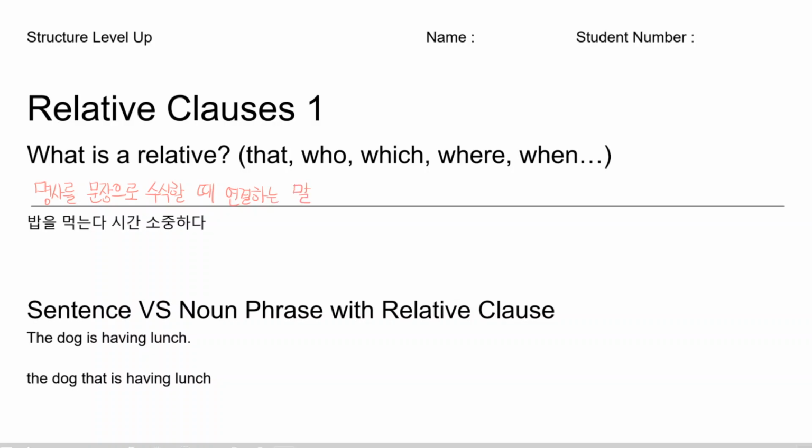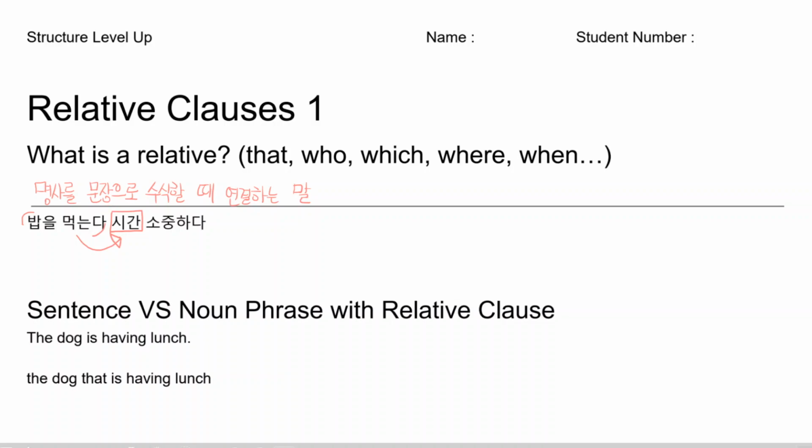It's in Korean. So we have a sentence here, 밥을 먹는다, and a noun here, 시간. What we want to do here is modify this 시간 with this sentence, right? So 밥을 먹는다 시간 doesn't make sense because they don't connect, right?